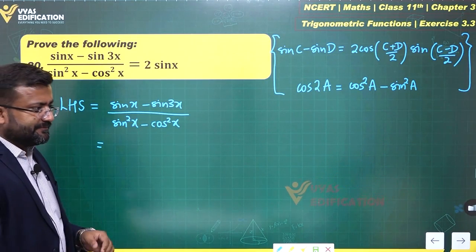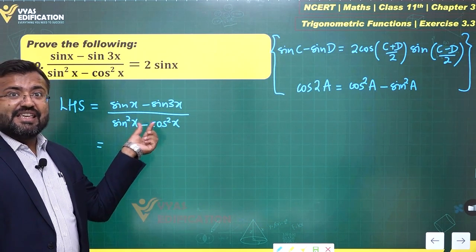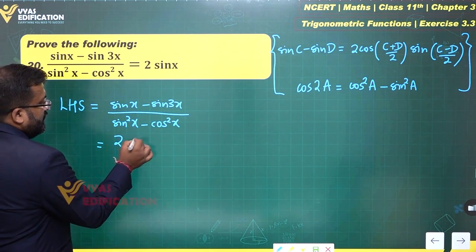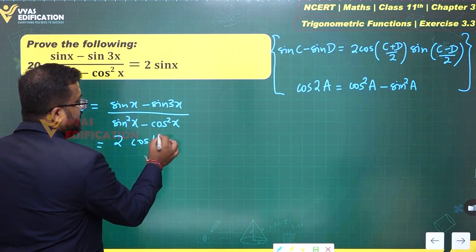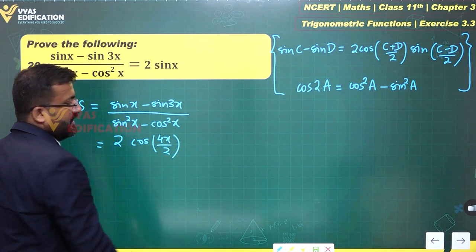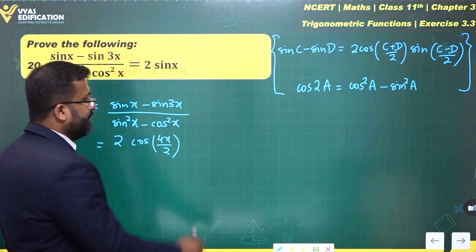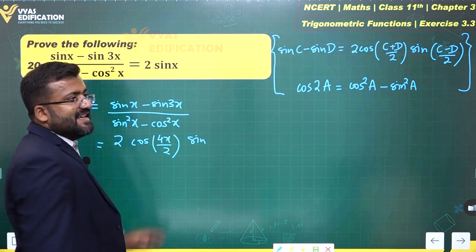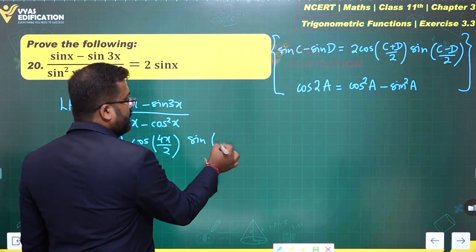In the numerator you have sin c minus sin d, which will be 2 cos of (c plus d) by 2, that is x plus 3x by 2, which is 4x by 2, and then sine of (c minus d) by 2. c minus d is x minus 3x, which is minus 2x, whole divided by 2.